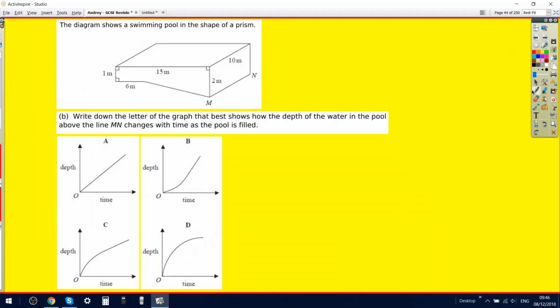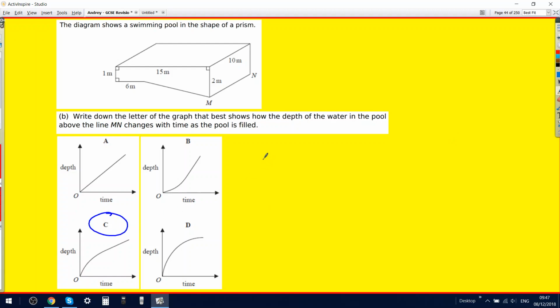Okay, how about this one? Is it C? Let me think about this.